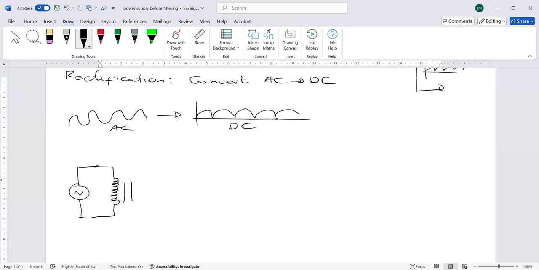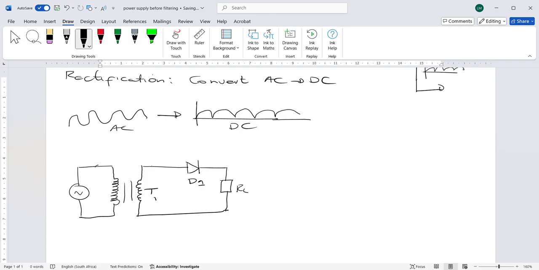This is the primary side. Then on the secondary side, this is what we are having. Then you've got your diode there, and RL. So this is your diode D1, and this is your transformer T1.